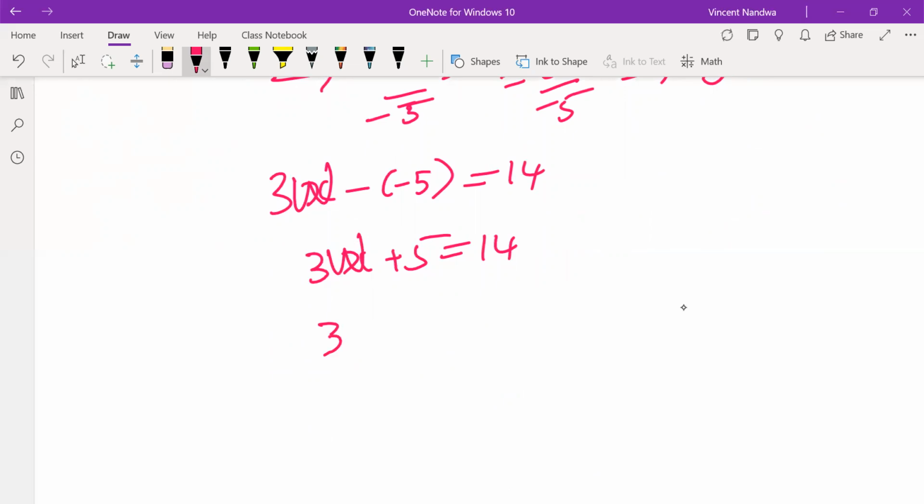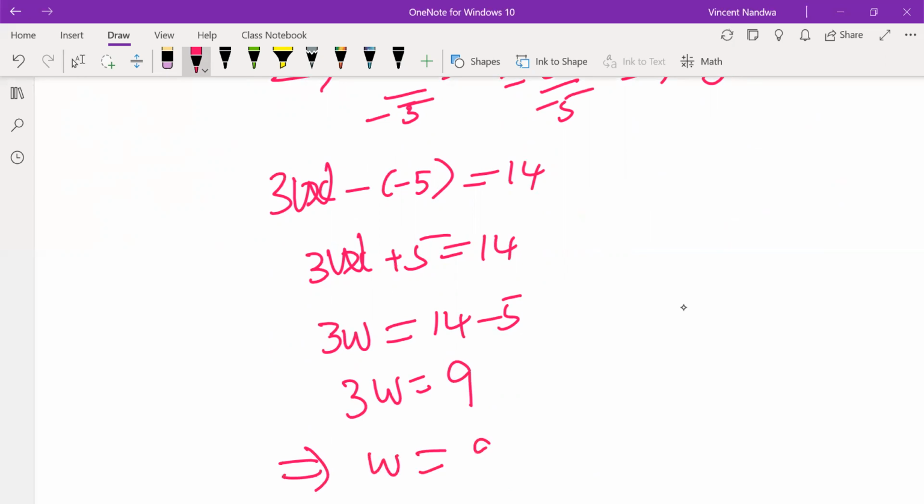And then 3w equals 14 minus 5. So 3w equals 9, which means w equals 9 over 3, which is 3. So you get the same answers by even eliminating w. So you pick one of the variables to eliminate. You don't have to show the two ways.